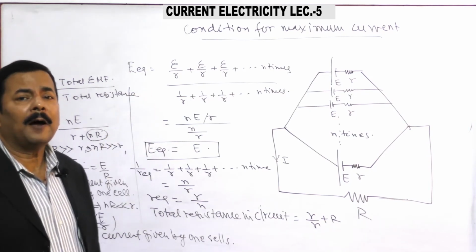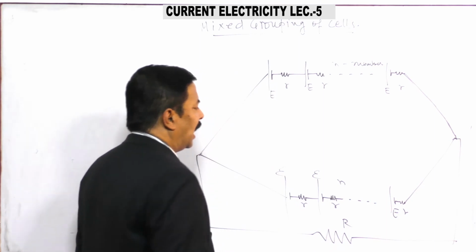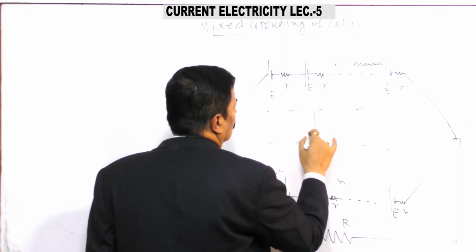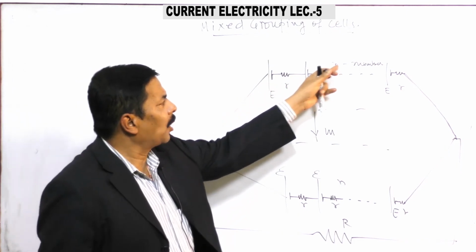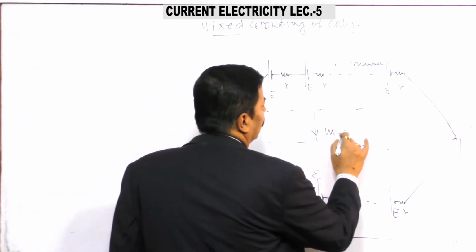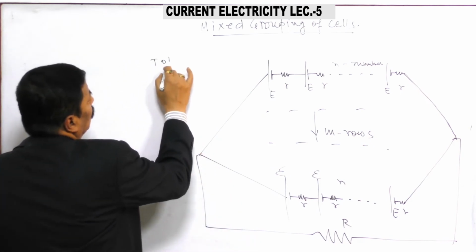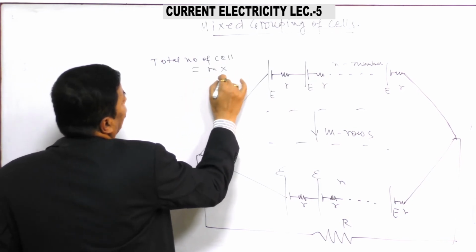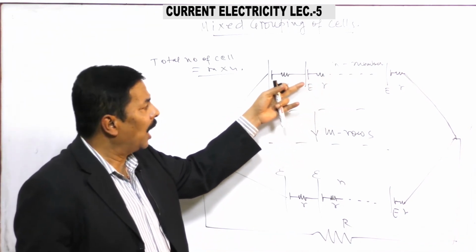Now we will see the mixed grouping of the cells. In each row n number of cells are there, and there are m rows. So what is the total number of cells? Total number of cells is m into n, with n cells in each row and m rows.